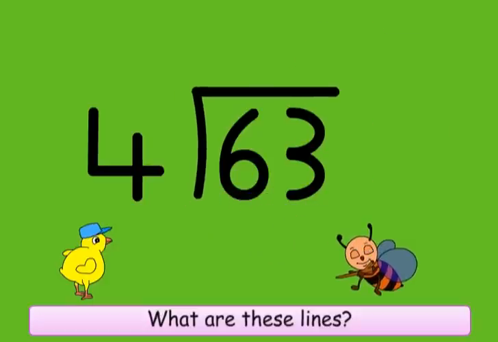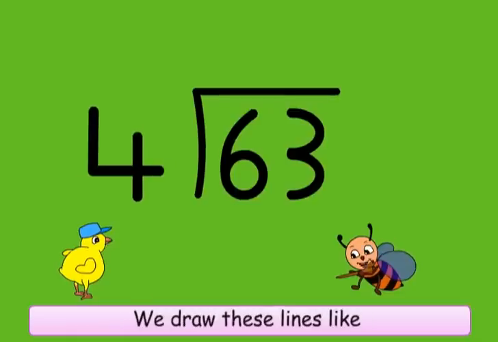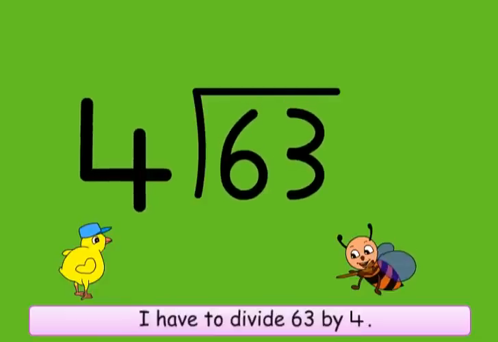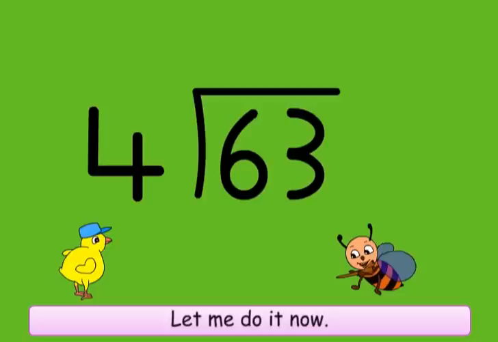What are these lines? Why do you write 4 here? We draw these lines like this when we do division. I write 4 here because I have to divide 63 by 4. Let me do it now.